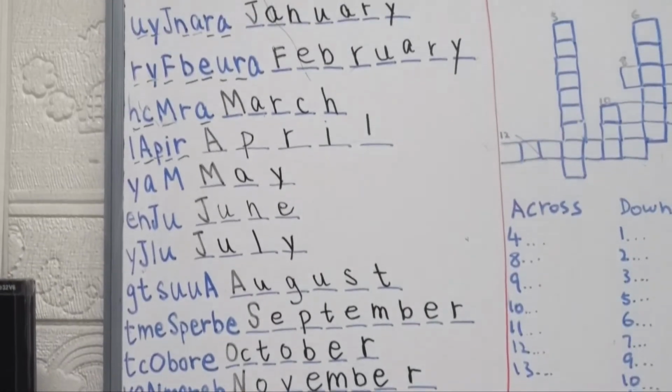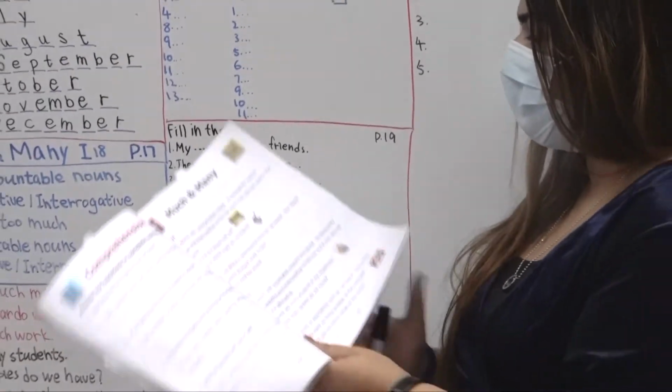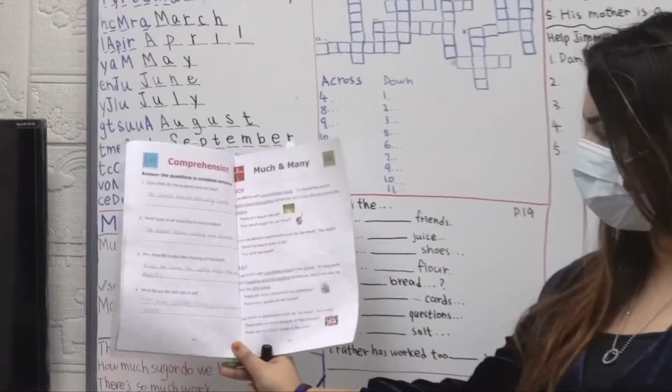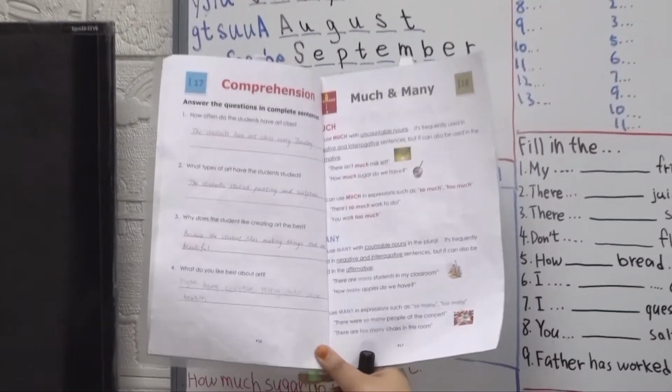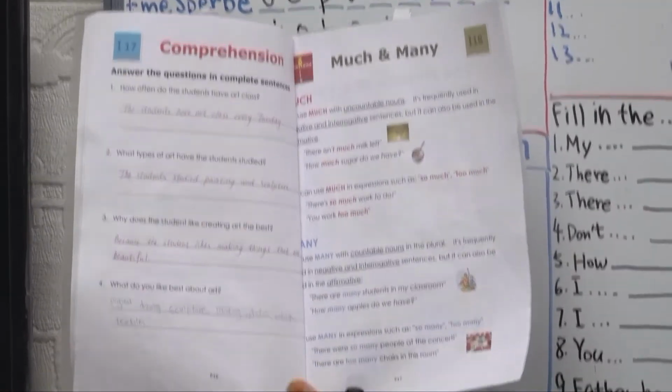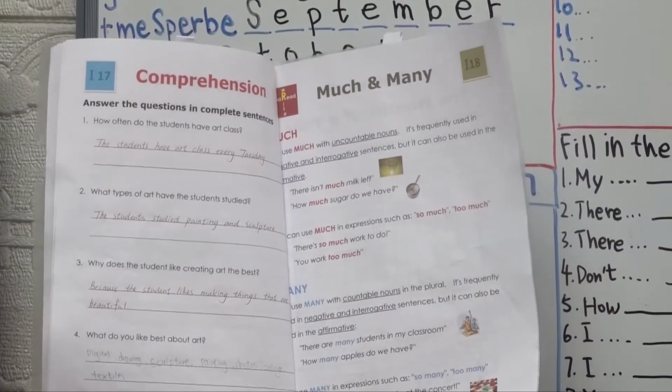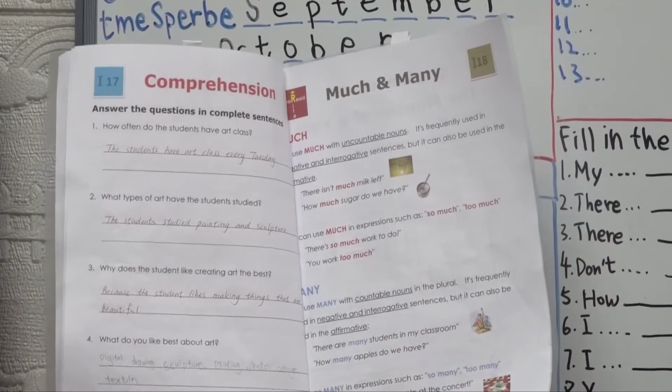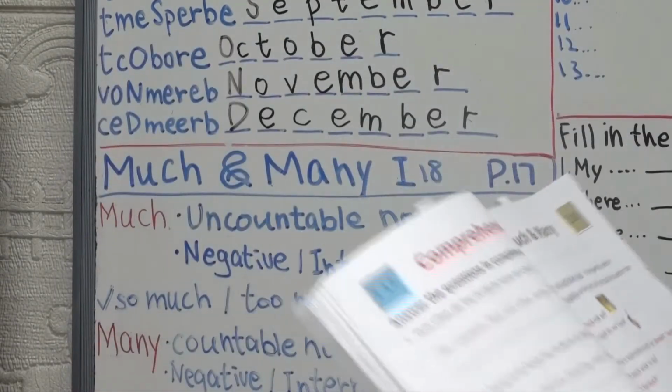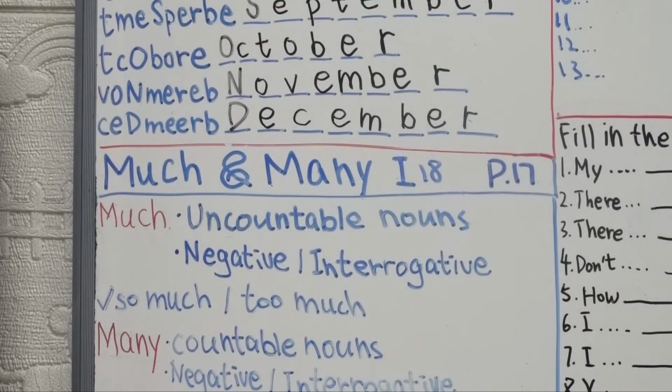So page number 17 looks like this. This is our topic for today: much and many. So today we will be learning about them. So what are they?